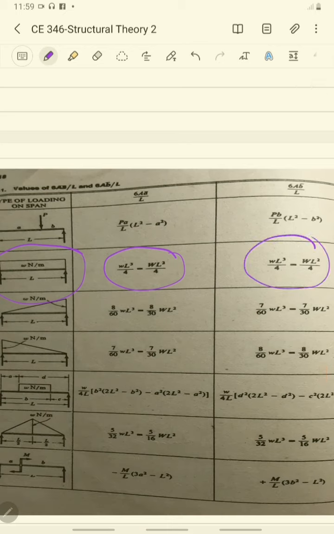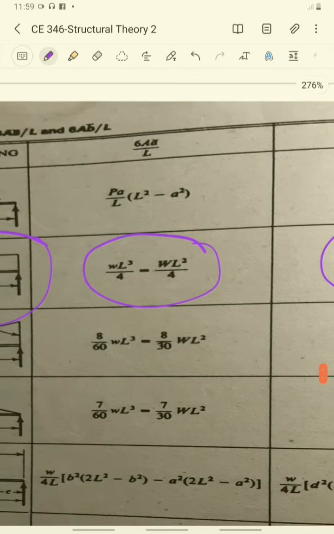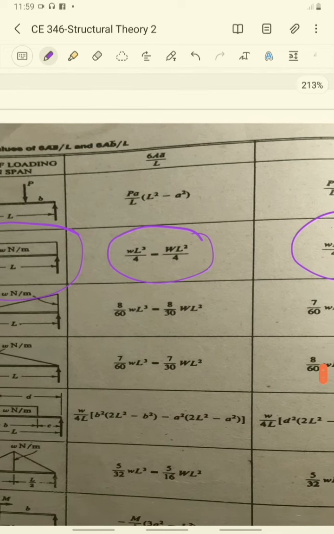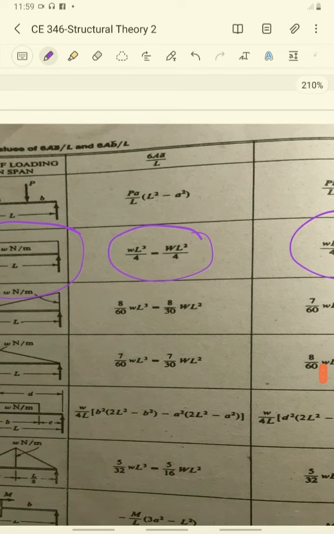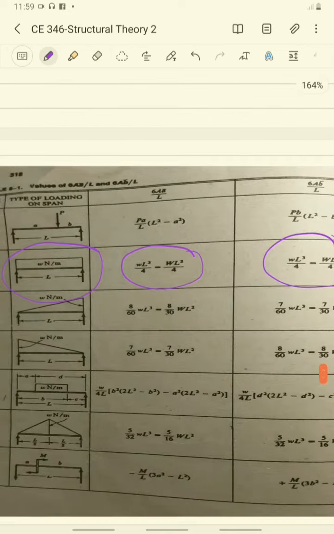That is W L cube over 4, which is also equal to the big W L squared over 4. The small w, that is the kilonewton per meter, the load per meter length, while the big W, that is the resultant load in kilonewton.